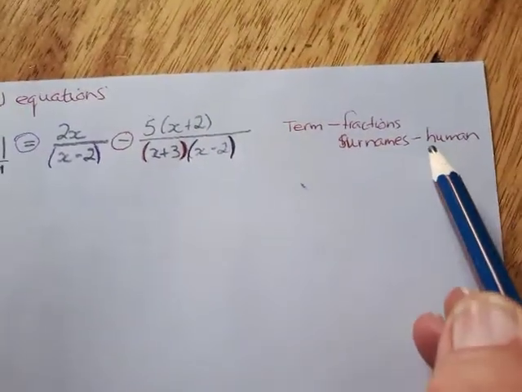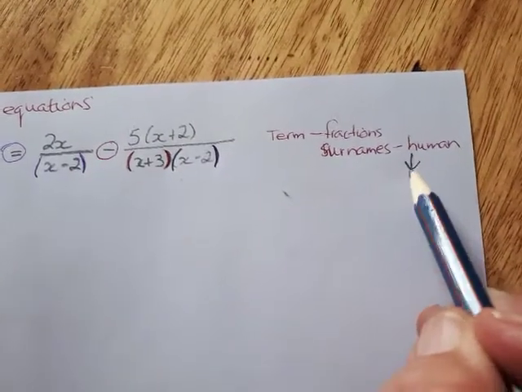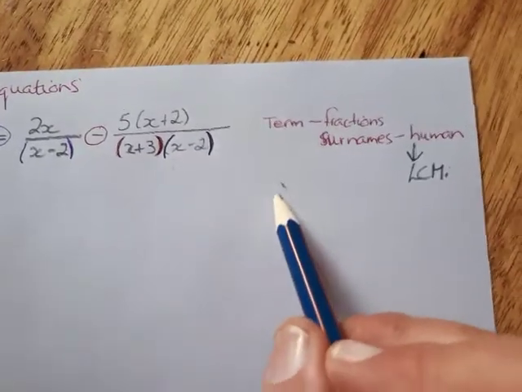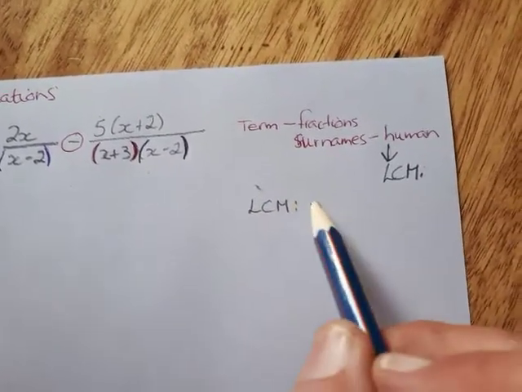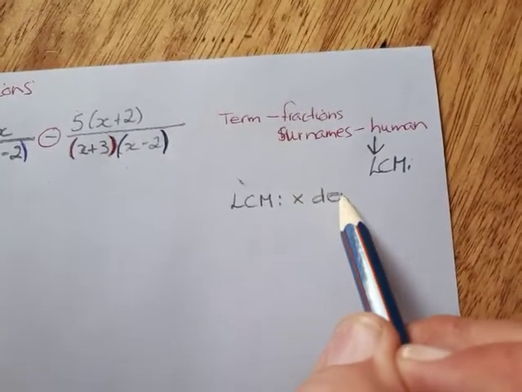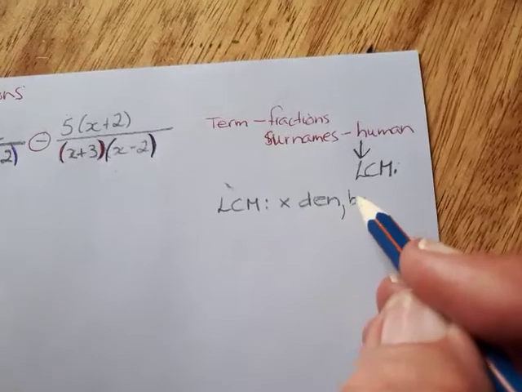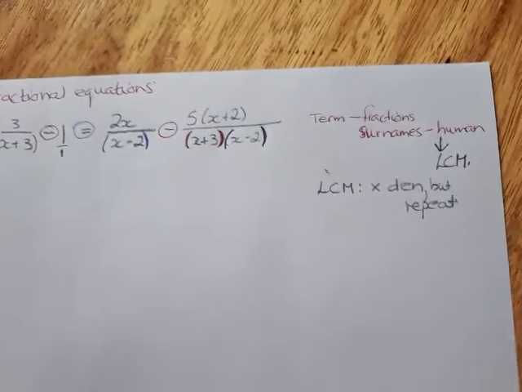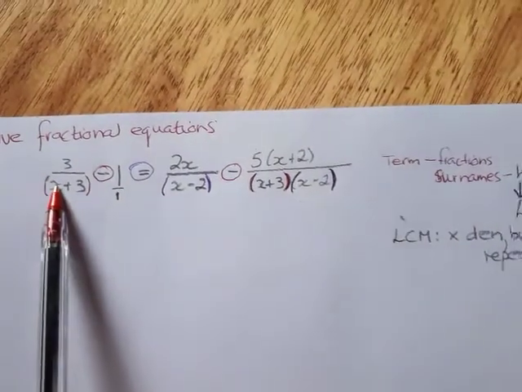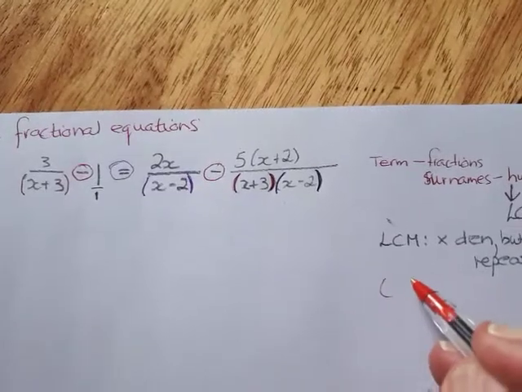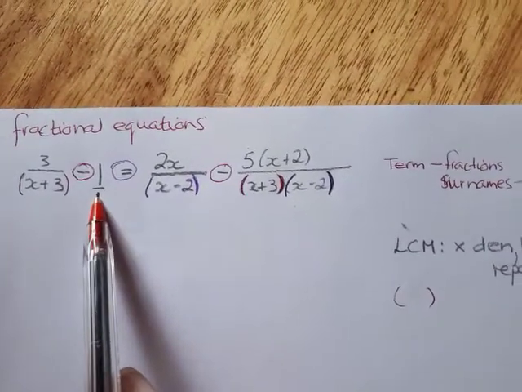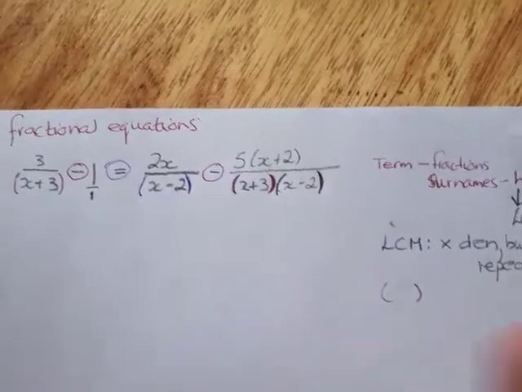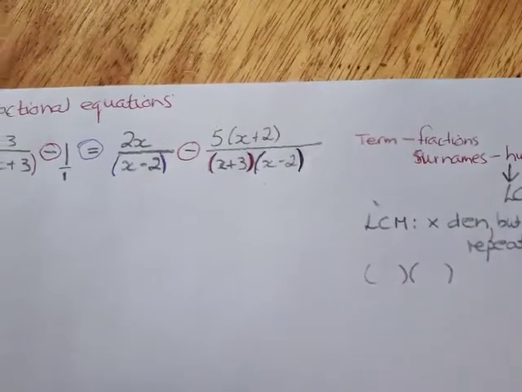Okay, then I taught you that the common denominator is always the lowest common multiple. And the lowest common multiple in algebra, I also told you, is just simply multiplying all denominators, but we never repeat anything. So when you now look at your denominators, you've got a red bracket, okay? You've got a 1, which is anyway the lowest common multiple, and then you've got a purple bracket.